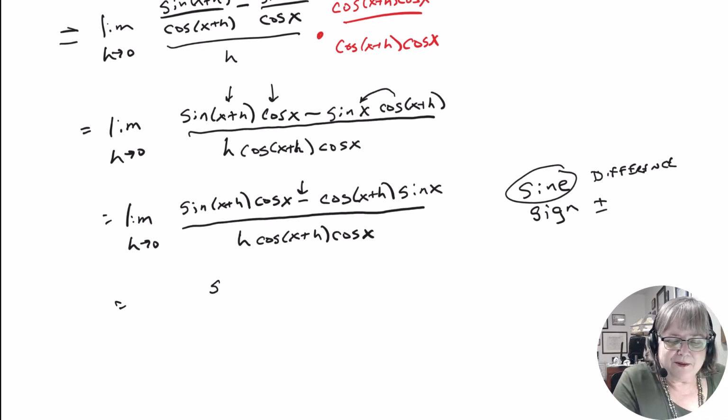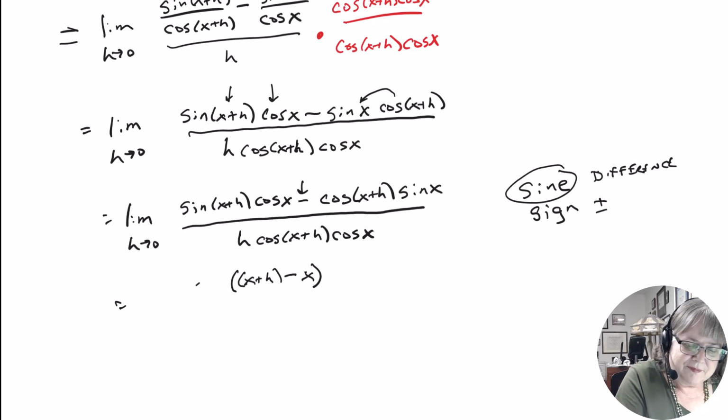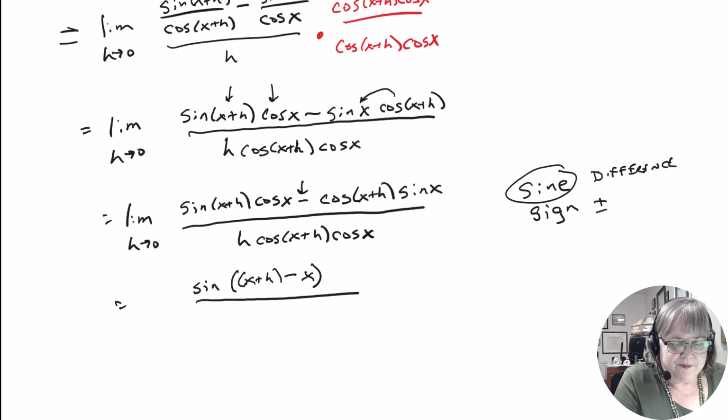Okay. So this is the sine, and the first term is x plus h minus the second, which is just an x, over h cosine x plus h cosine x.